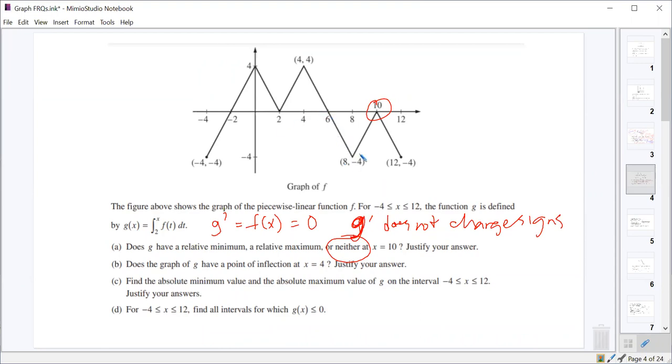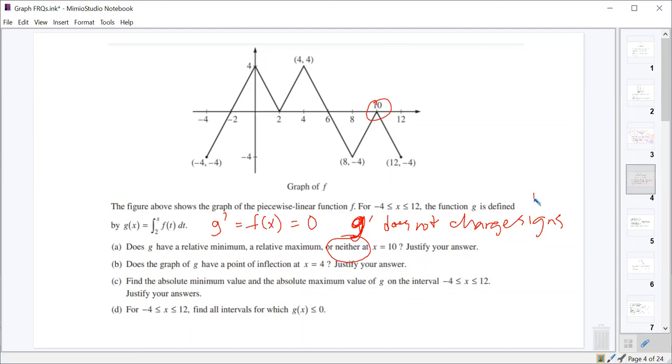So g prime, which is f, is negative, and then it's still negative, which means the function g is decreasing, and then it continues to decrease. Everybody good with why part A is neither?